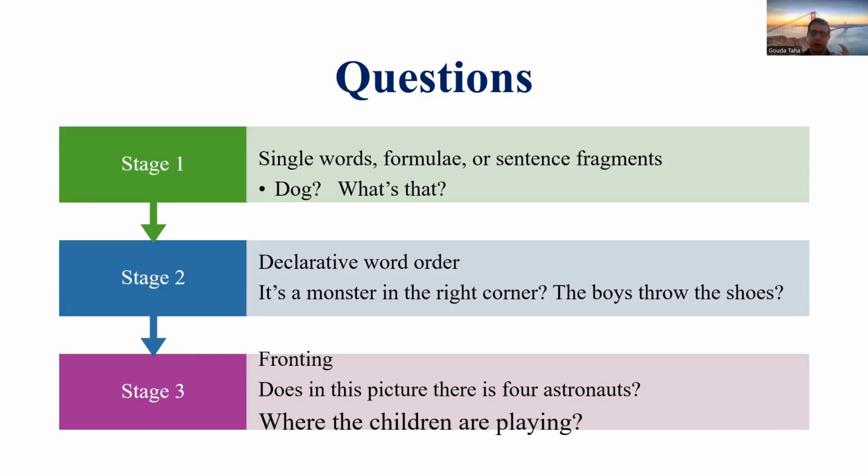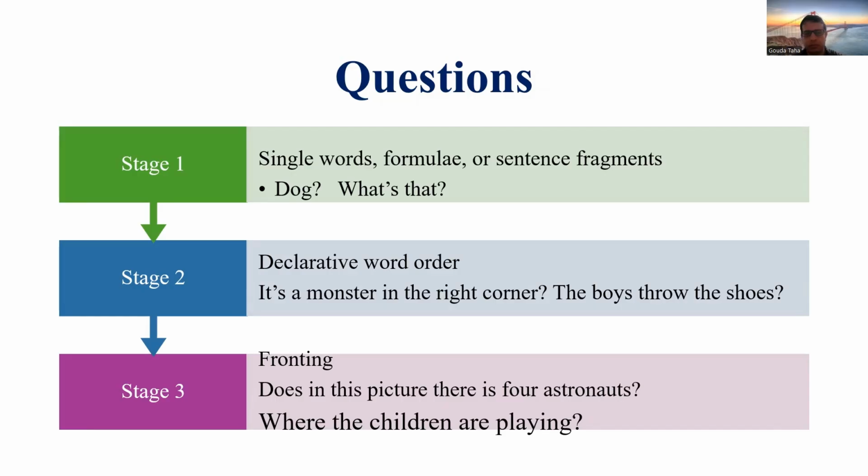Stage 3 shows some kind of fronting, like the initial stages of forming a question. And that's why we start to see a question word. This question word might be a yes/no question word, like a modal word that has been fronted to the beginning to mark the question form, or a WH word.